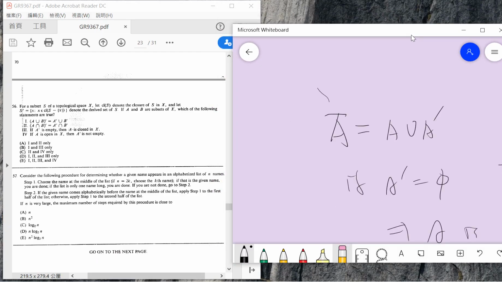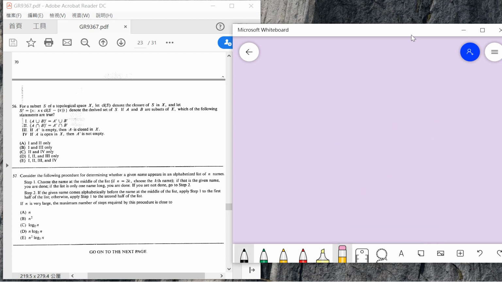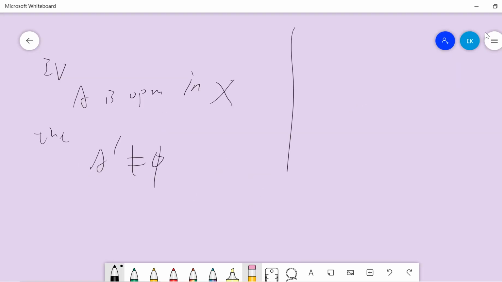Okay, so number 4. Number 4 probably is the tricky one. It says that if A is open in X, then A prime is non-empty. So this looks correct, right?